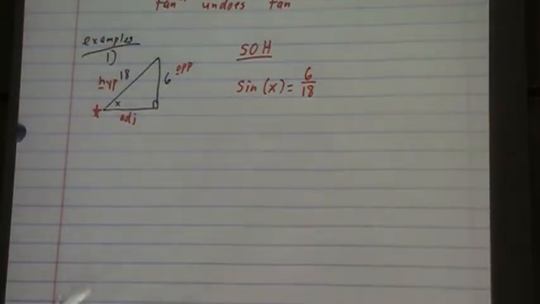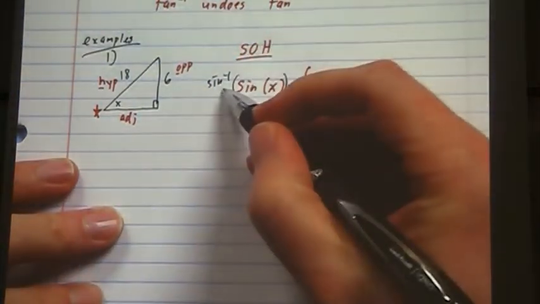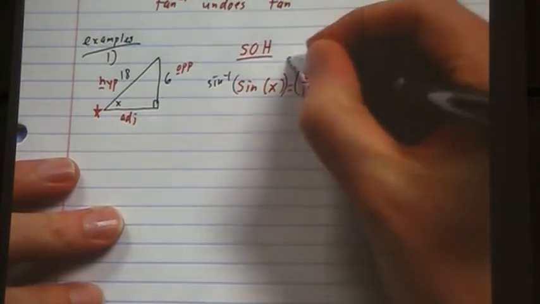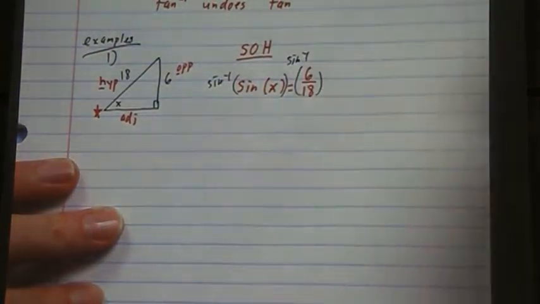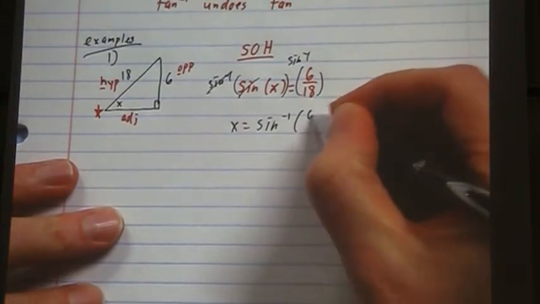You're doing a sine function on x. You're not multiplying sine by x. So you have to take the inverse sine, and what you do to one side, you must do to the other. Okay? So you take the inverse sine of both sides, and the sine and the x will cancel. So we have x equals inverse sine of 6 over 18.